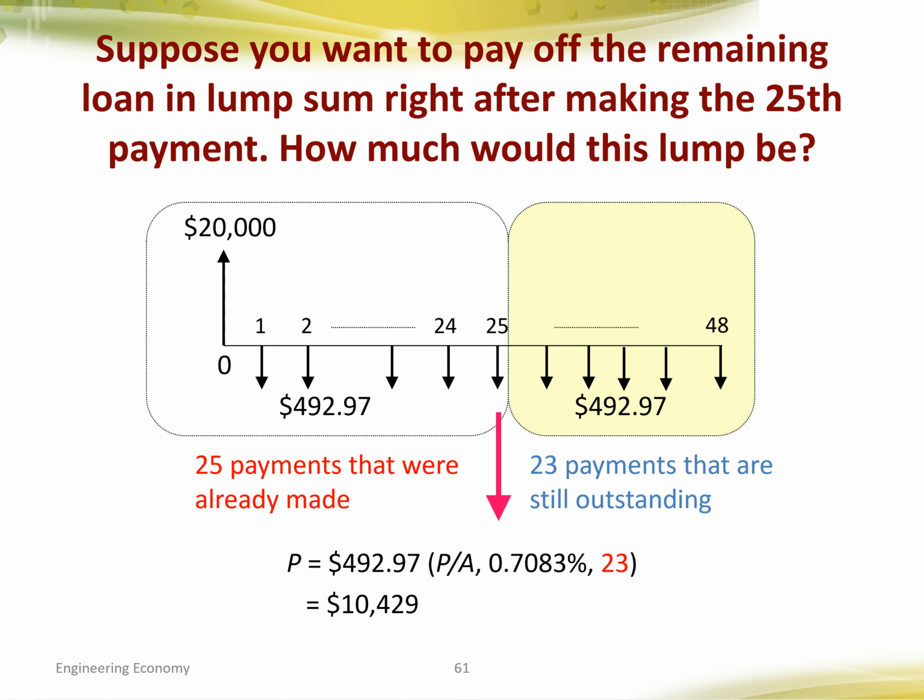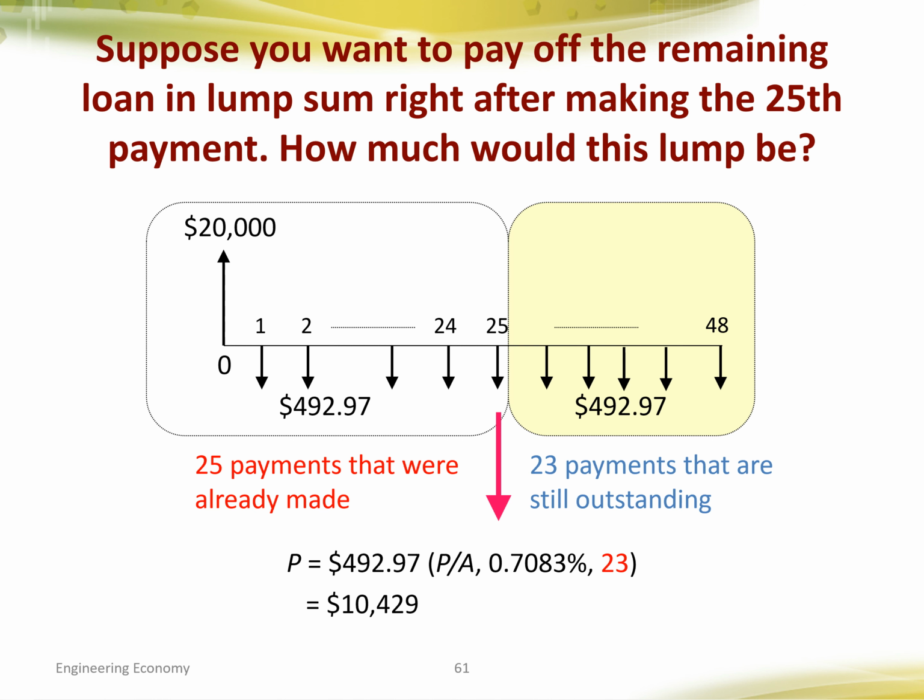One question which we may encounter for this kind of loan is, after a certain amount of time we decide to discontinue this loan, so we need to pay back the rest of the amount that we still owe. But how do we calculate that?